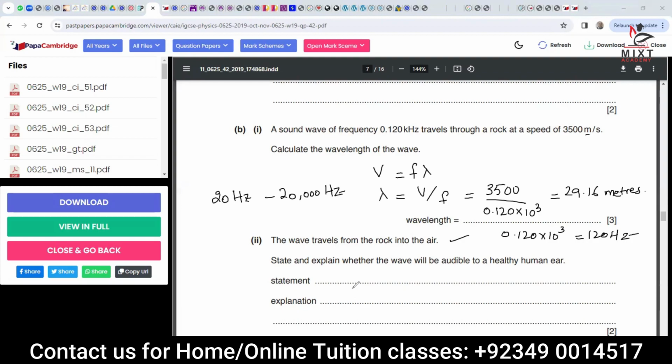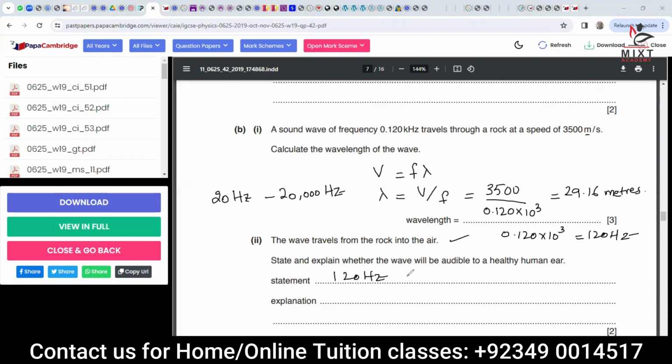So the statement will be that the frequency of the wave which is traveling here is 120 hertz, and it will be audible by the human ear.